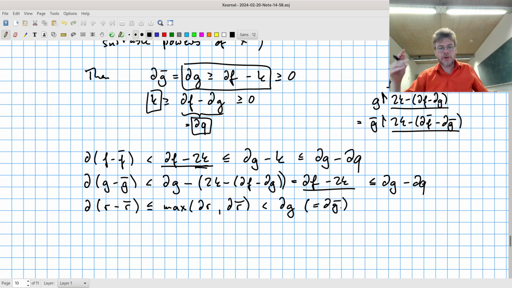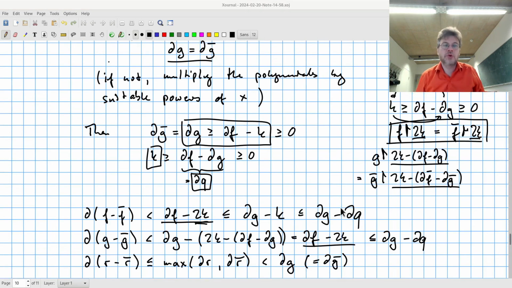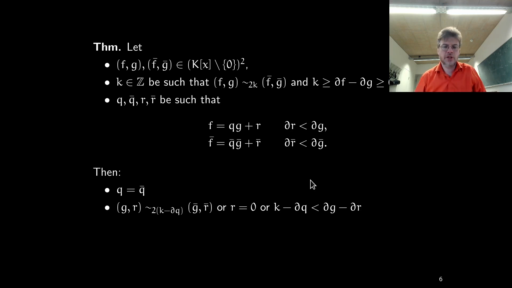So remember what we wanted to show. Let's go back after this calculation to see what we wanted to do. We wanted to prove first that q and q bar agree, are the same, are equal. I want to show this now by comparing these two equations.